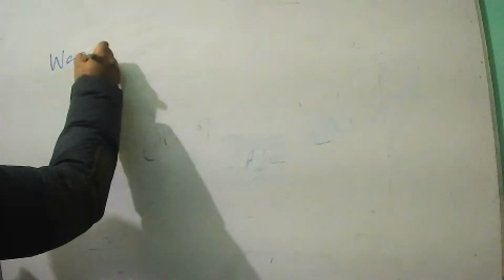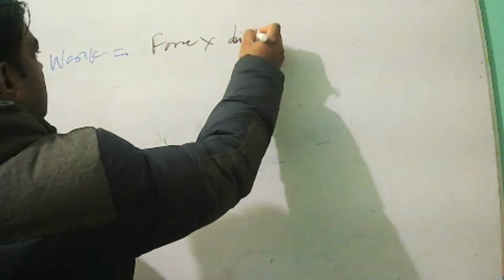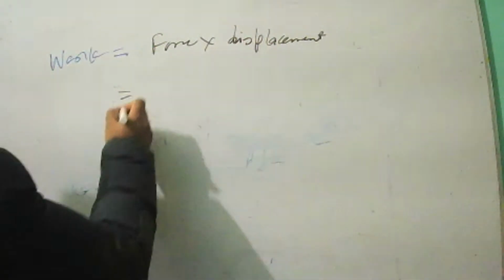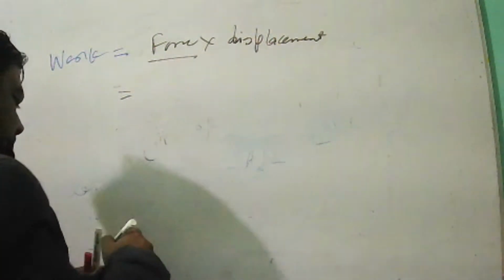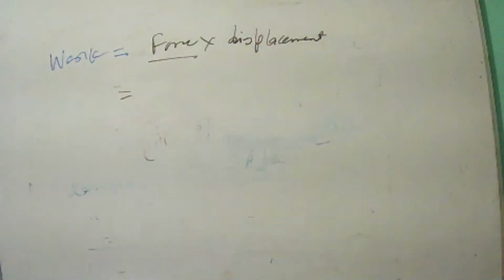Next is after force you have work. Work is equal to force multiplied by displacement. This is your formula. So force dimension formula, just now we have calculated. Check what is it? MLT minus 2.